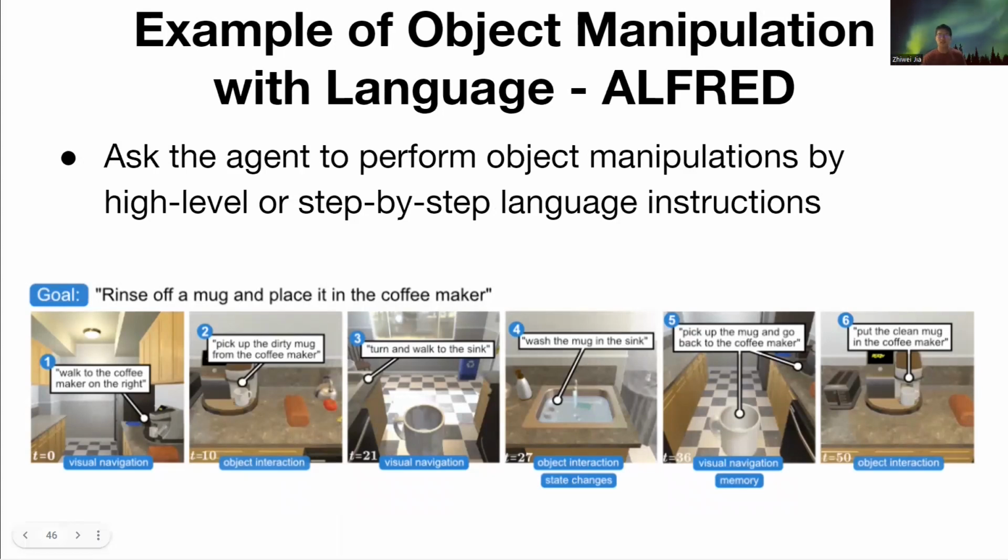Typically, this kind of task features long-horizon goals consisting of a bunch of high-level actions. For example, here the goal is to rinse off a mug and place it in the coffee maker. So the agent needs to first figure out where the mug is, perform certain actions with the mug, and then find the coffee maker, and so on.